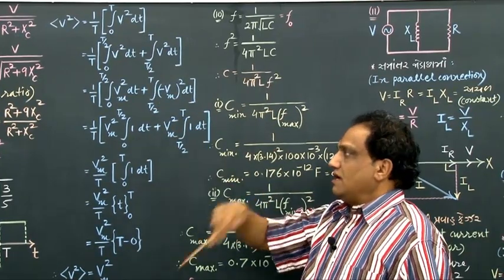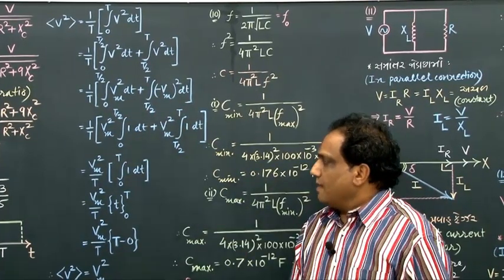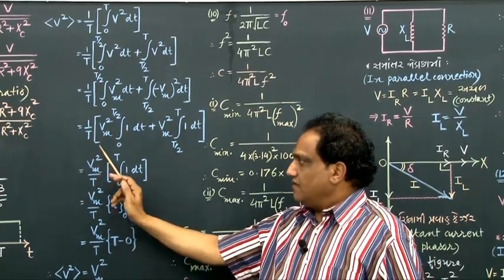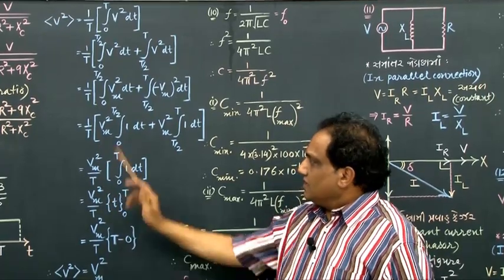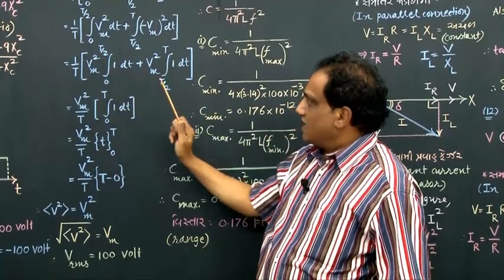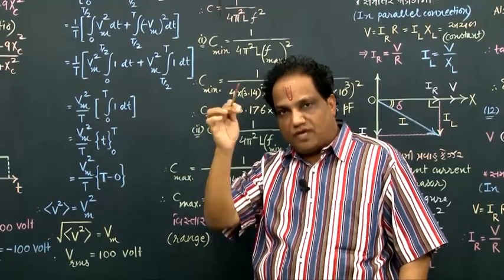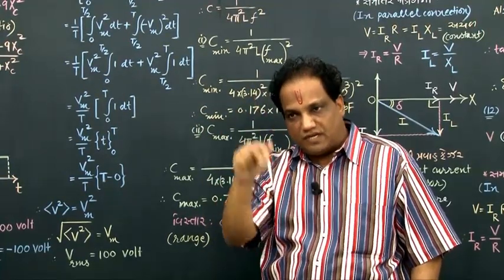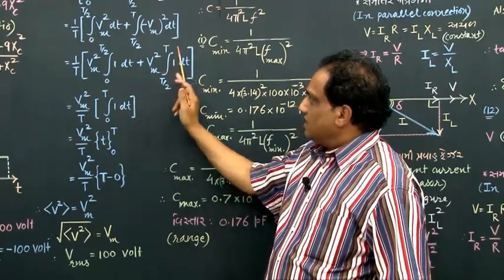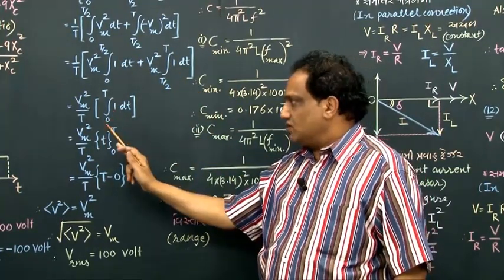Here the limits are from 0 to T by 2, here the limits are T by 2 to T. Because Vm square is constant, it can be taken out, giving Vm square upon T. Now, integration from a to b plus integration from b to c, you can always add to get integration from a to c. Similarly, here integration 0 to T by 2 plus integration T by 2 to T, for the same function, you can write as integration 0 to T of 1 dt.